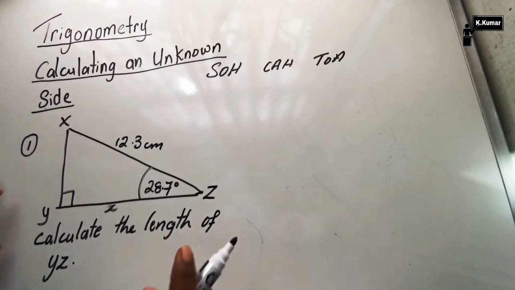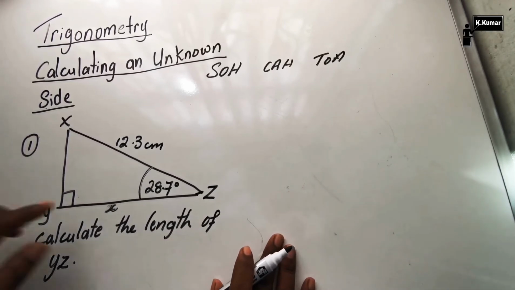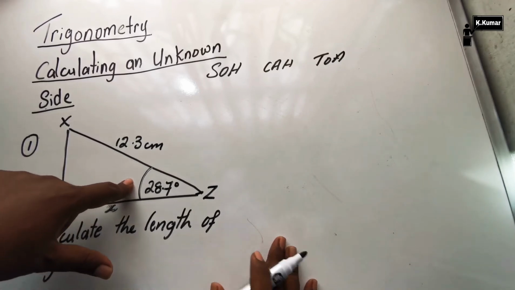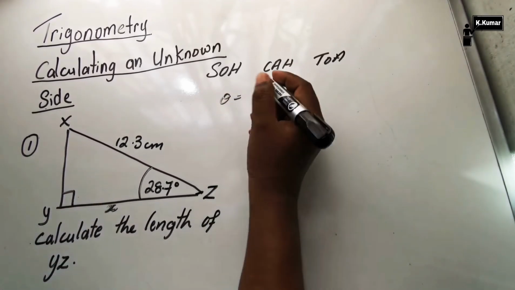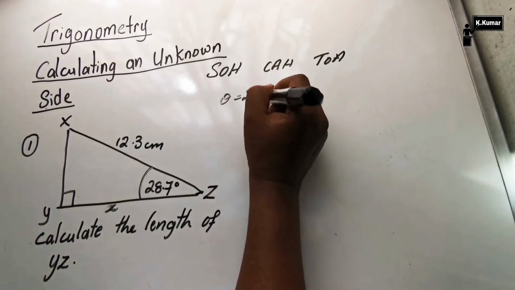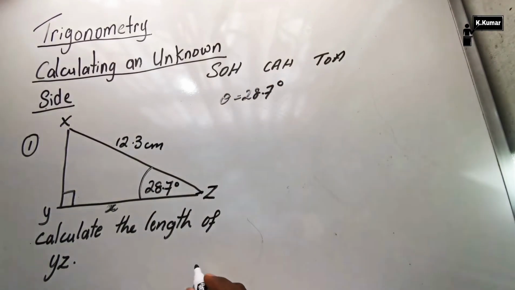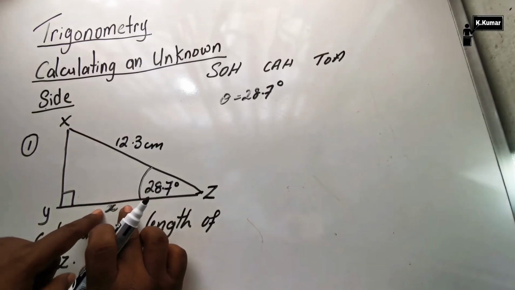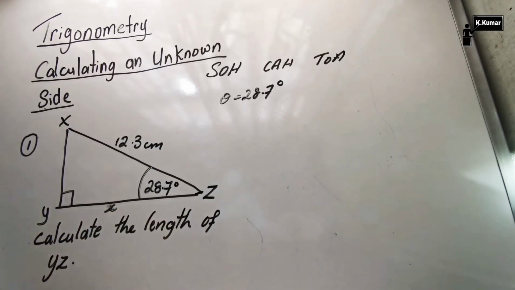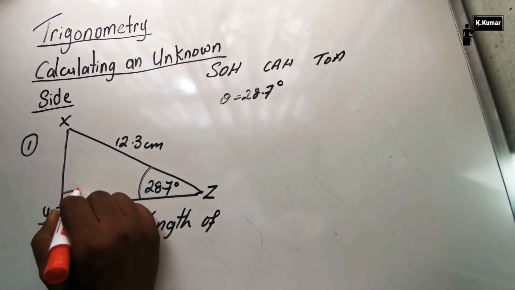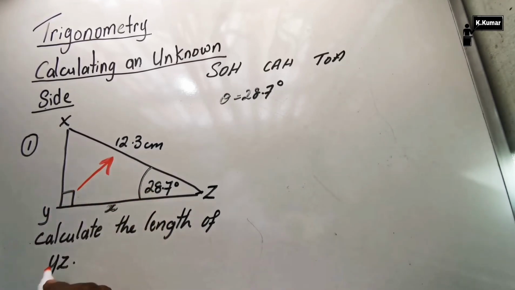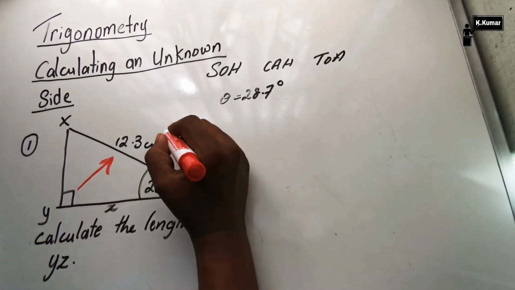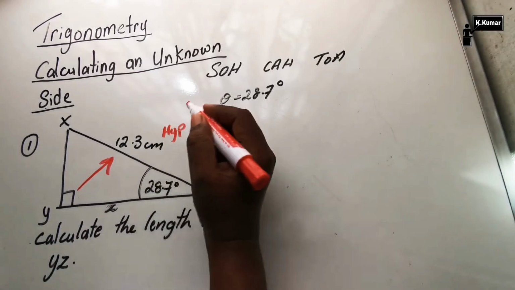Now, first we have to see what we have. The first thing we have here is theta, which is equal to 28.7 degrees. Then we have this side, and then the side that we're finding. The side that is opposite the right angle, from yesterday, is called the hypotenuse.